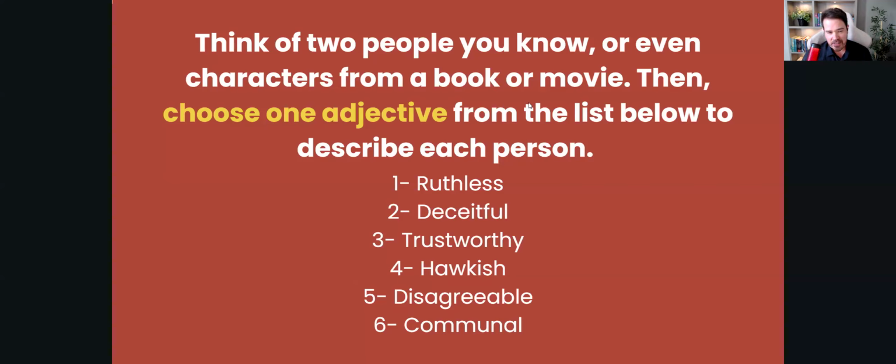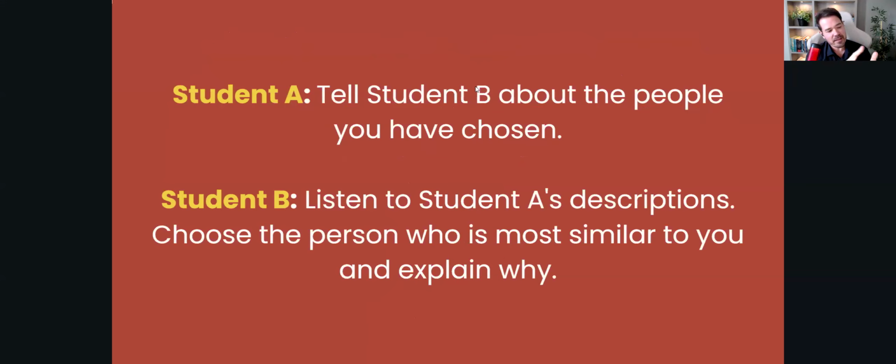And the very last activity, they had to tell each other about the person they chose and the adjective they chose to describe them. And then as the other student listened to the description, the other student had to, because this is tricky, right? Sometimes the students talk to each other in pairs and they're not really listening to each other. They're just talking, but they're not really listening.